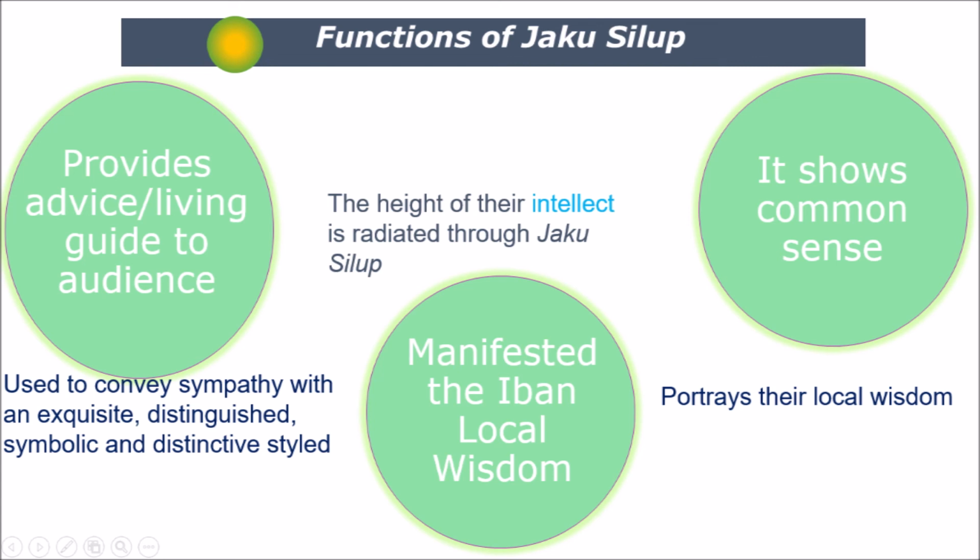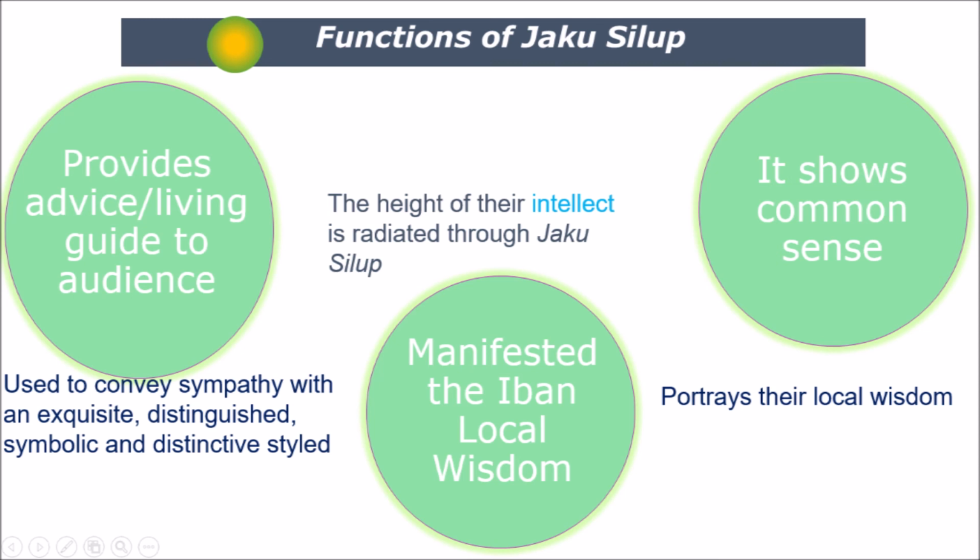This is important because we need to say certain things in a very polite manner. Also, allusion has the function to manifest the Iban local wisdom. It is the height of our intellect and it is radiated through this allusion. In other words, it shows common sense in a way because it portrays the local wisdom.